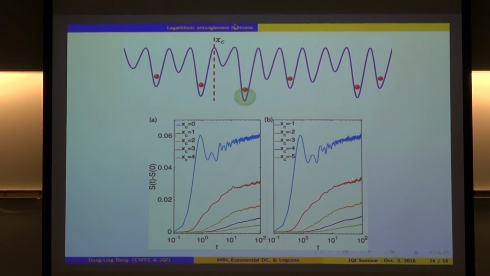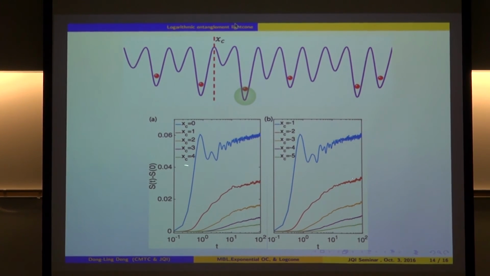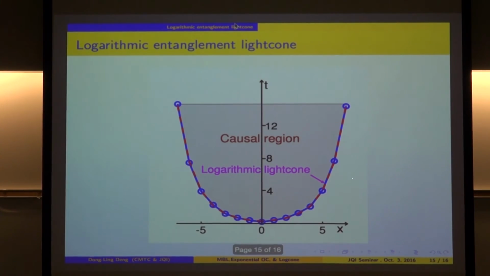So if we find out when the entanglement for a specific cut will grow, then we can extract a logarithmic lightcone, as shown here. Basically, this is shown by finding out when the entanglement entropy for a specific cut will grow.